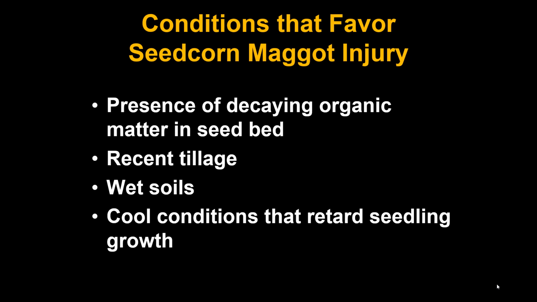And then affecting the plant, the crop, more than the insect itself, is cool conditions will retard the growth of the kinds of plants we're talking about. Beans, corns, cucurbits like pumpkins and squash, these are all warm season plants that require minimum soil temperatures of 60 and above is better.